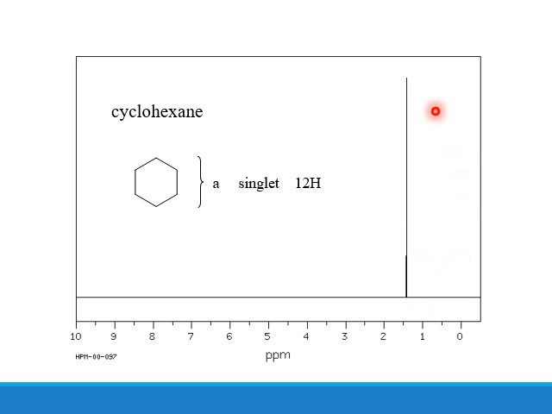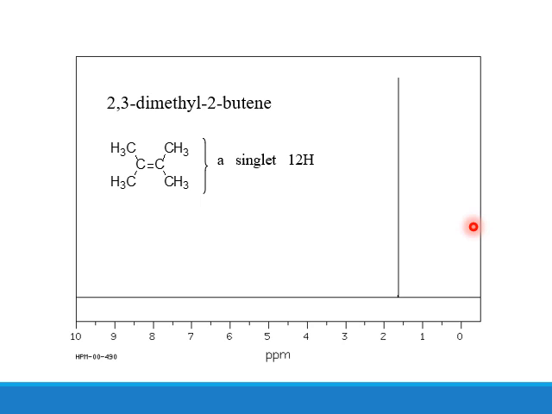This sharp peak's intensity is related to this number 12. And we have just a single type of hydrogen, that's why we have a single peak. In this compound, we have a single type again, and 12 hydrogens, so just a single sharp peak.